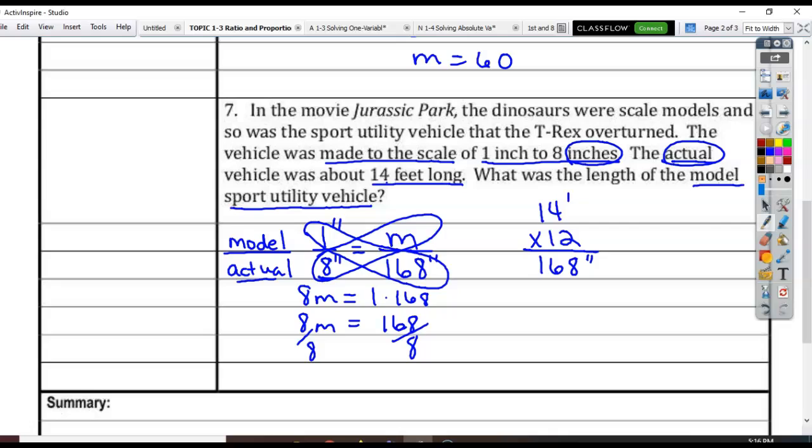And I get 168 divided by 8 is 21. So your model is 21. Remember, we're in inches. So if you were writing it out, you'd say that the sports vehicle is 21 inches. On Canvas, just write the 21. Okay, that's it.